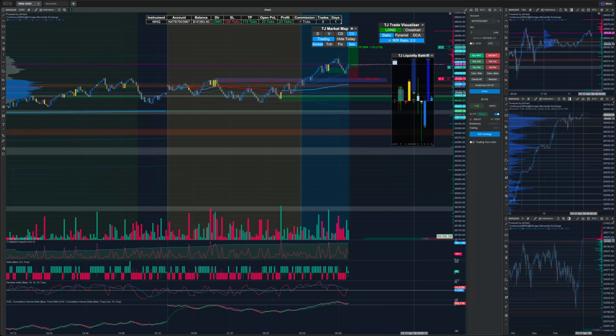So once I hit the VWAP deviation here, I'm gonna go into break even.